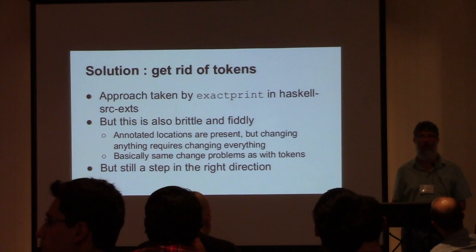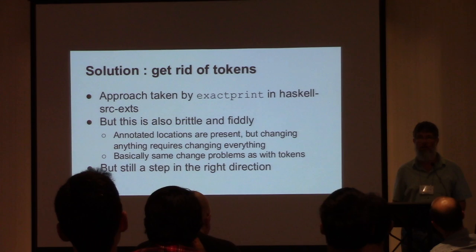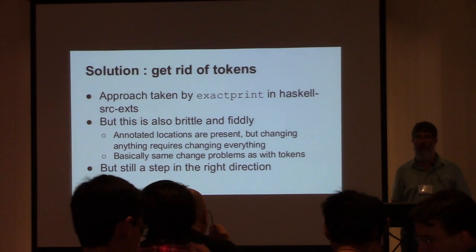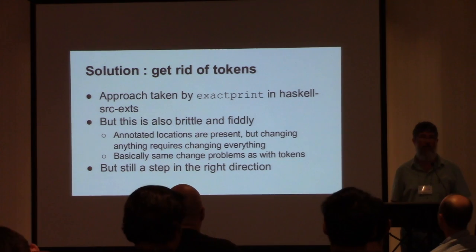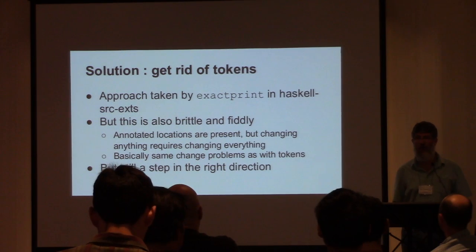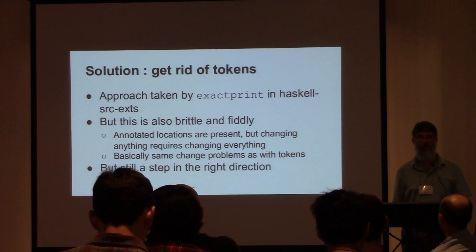So I had a look around at what the Haskell source extensions guys are doing. They had this cool thing called ghc-exactprint, which kept track, in their annotated AST, of the locations of all the non-terminal items in the AST, the lets and the ands and the wheres and the do's and things.